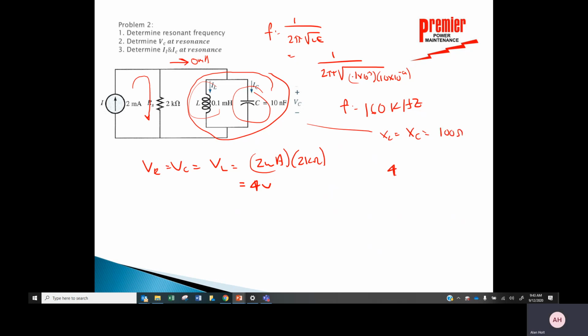So I've got 4 volts divided by 100 ohms, which is what? 4 milliamps. Or 0.04 amps, right? Do the math. Can't even think in my head this morning. 0.04 amps.